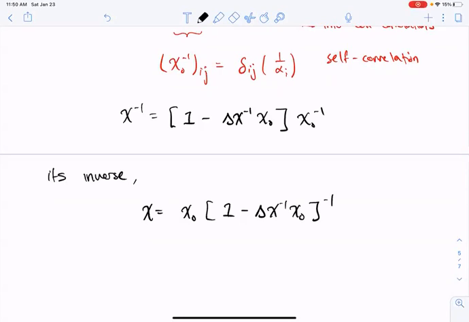If we wanted to compute them, we would need to construct that matrix of 1 minus delta chi inverse times chi naught and invert that whole matrix. Nevertheless, writing it like this lets us work out an explicit equation for chi, because we can write down an infinite order expansion for the right-hand side.